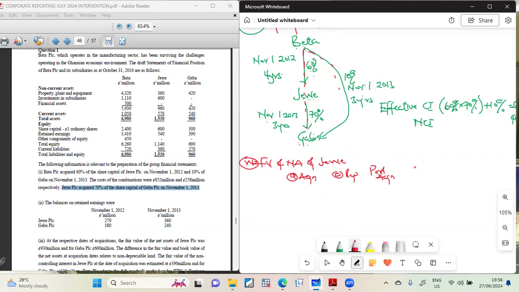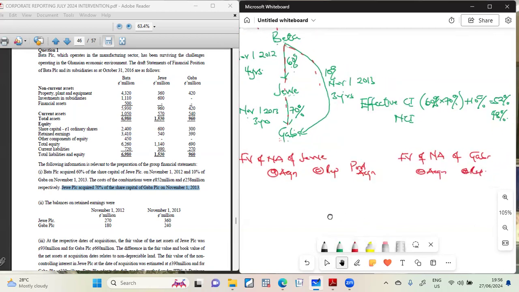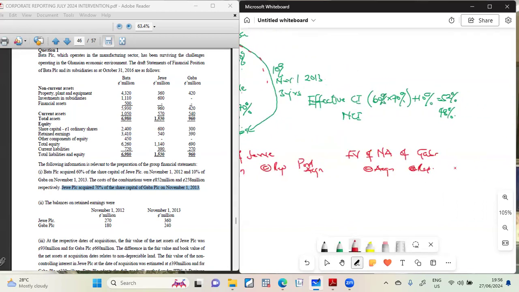Then you come again and do fair value of the net assets of GABA. The same thing: at acquisition, at reporting, then you will have post acquisition.